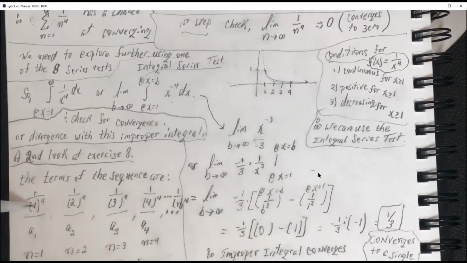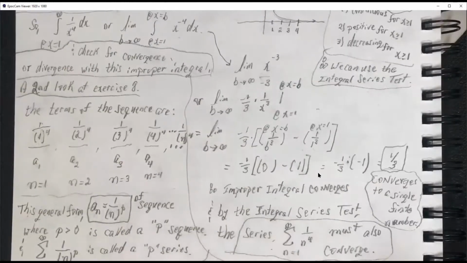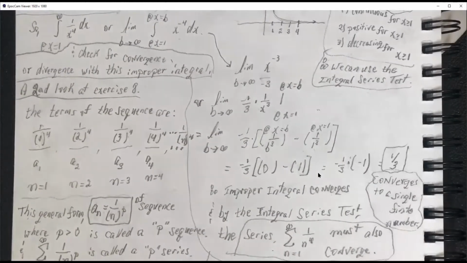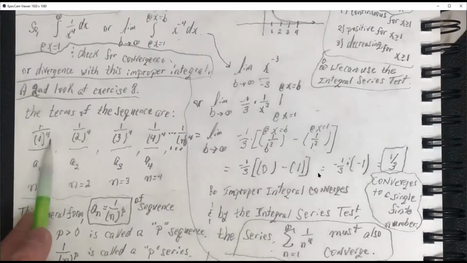This number here is the same as the n value. So that general form, a sub n equals, with a 1 in the numerator all the time, p is the power that's not changing.